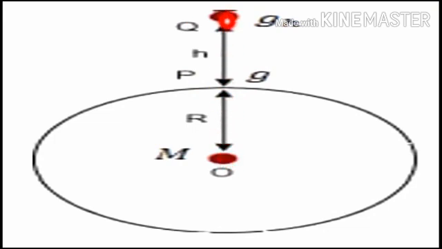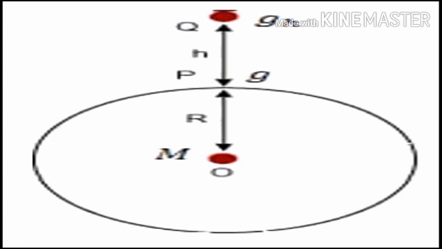The distance between small m and capital M, the mass of the earth, is capital R plus h. Why? Because the object is not at the surface of the earth, it is at some altitude. Altitude means the height above sea level.